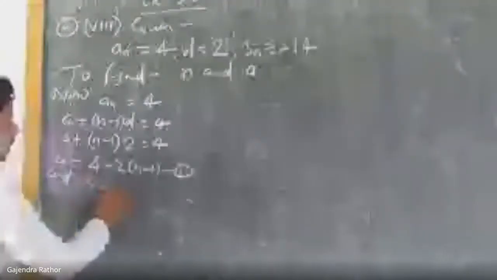And Sn is also given. Sn is equal to minus 40.